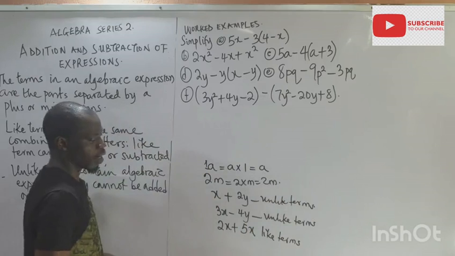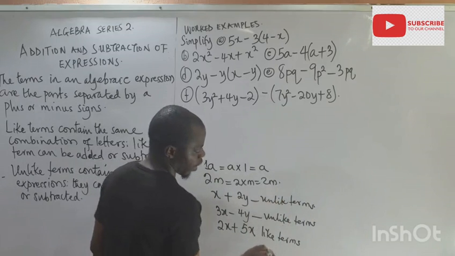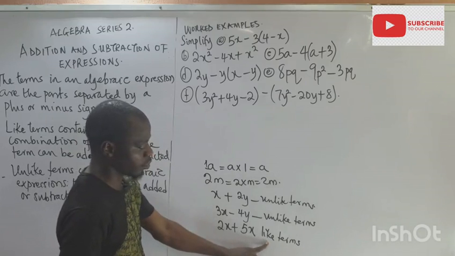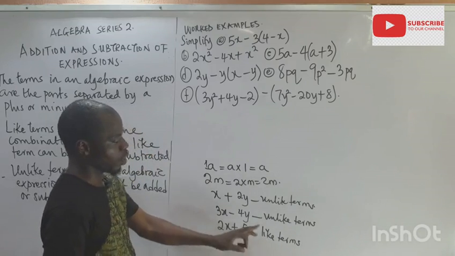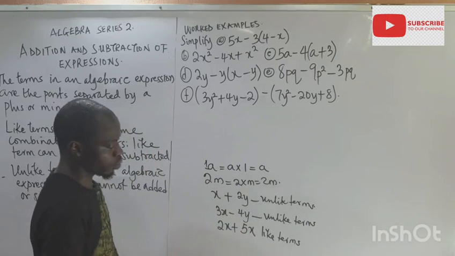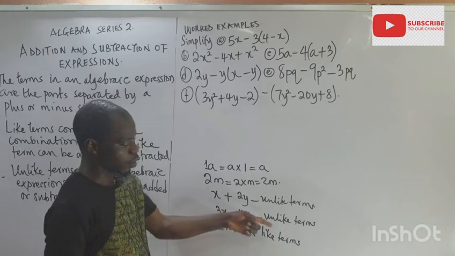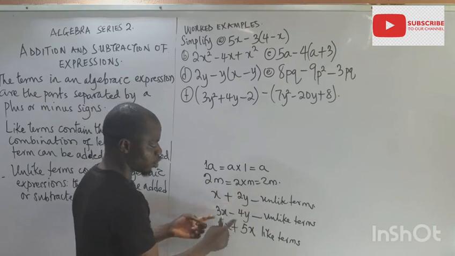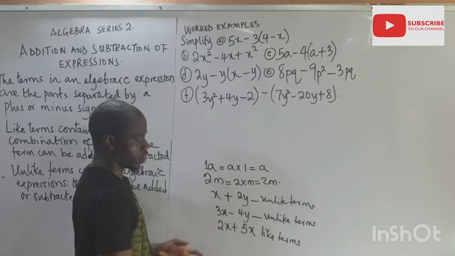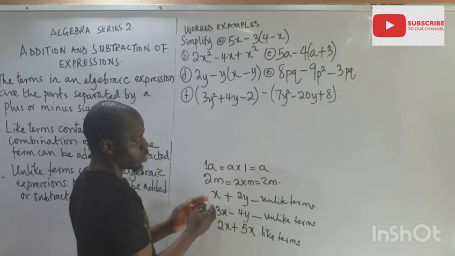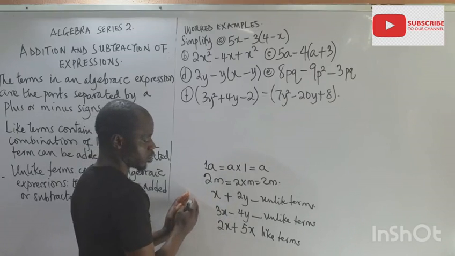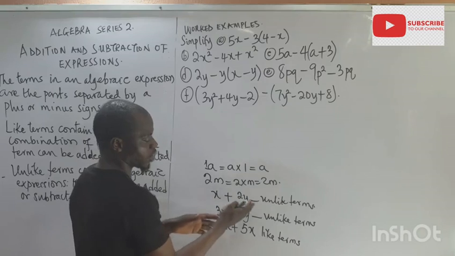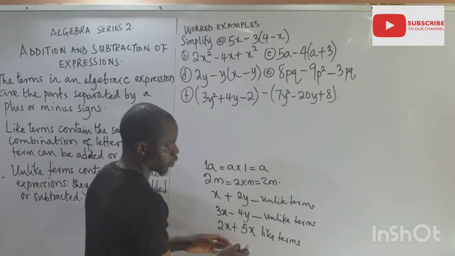Now, when you have said that these are unlike terms, and these are like terms, in that case, how will you solve a question with either like terms or unlike terms that you are going to add or subtract? So how will you do the addition and subtraction of like terms, and the addition and subtraction of unlike terms?